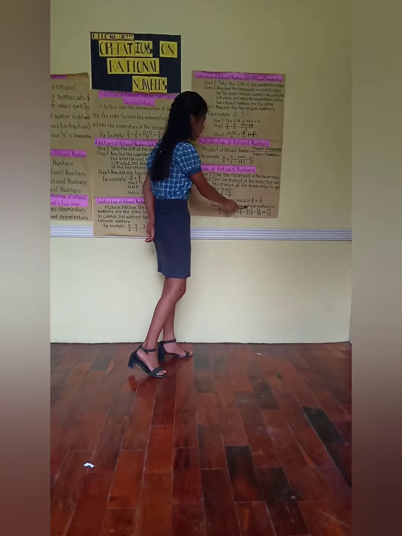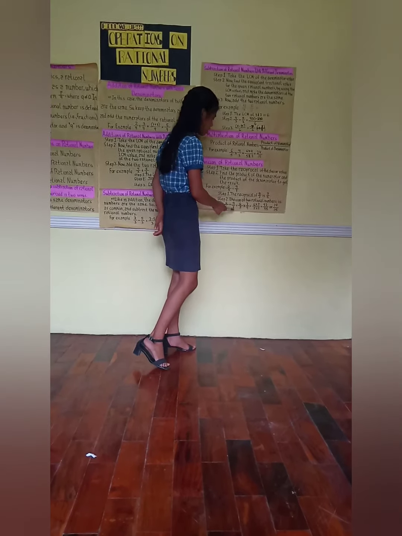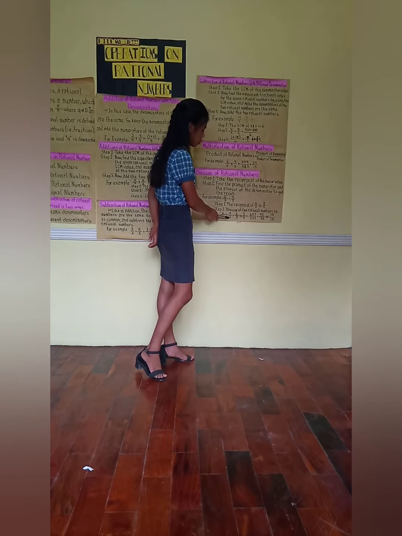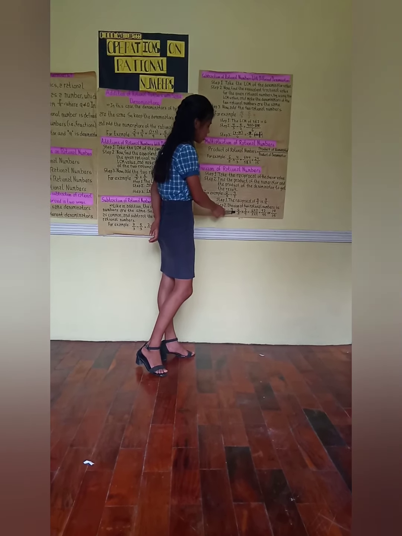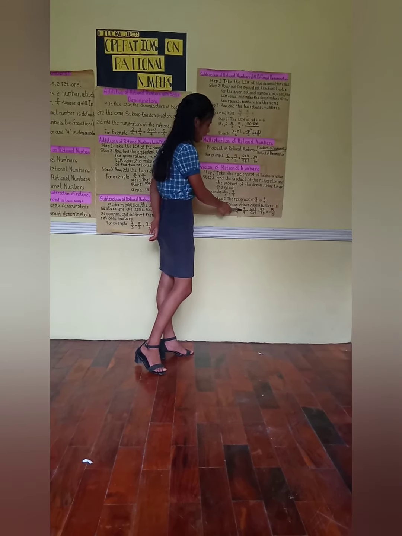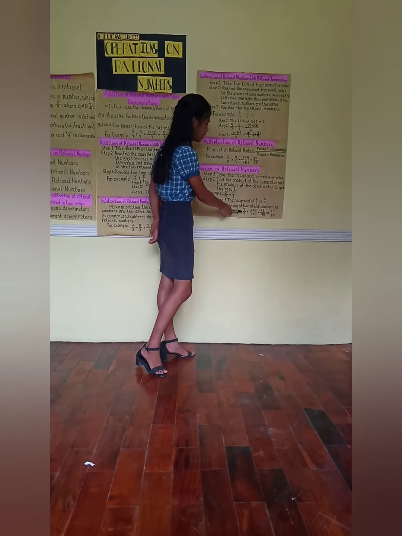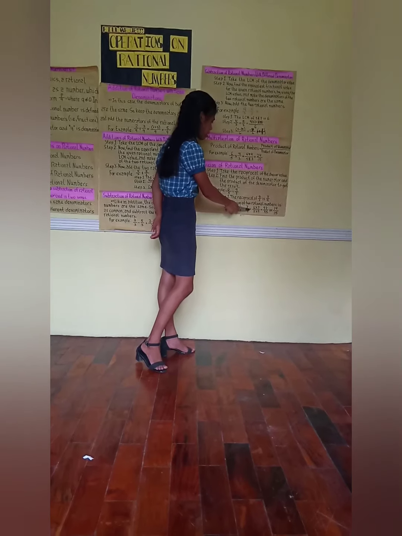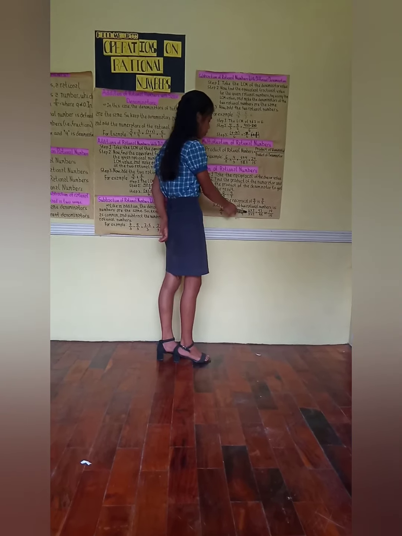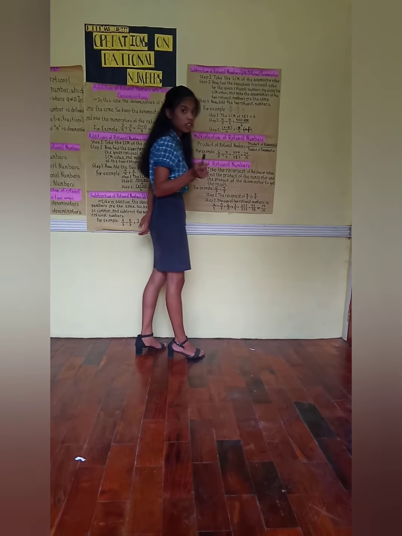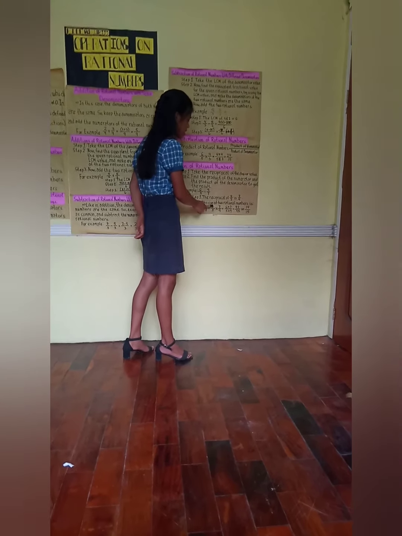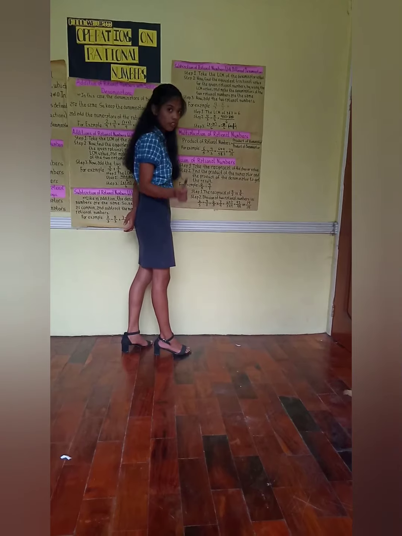Division of two rational numbers is 6/5 divided by 9/7, which is our problem, is equal to 6/5 times the reciprocal of our divisor value, which is 7/9, is equal to, let's proceed to the multiplication of rational numbers, which is 6 times 7, 42.